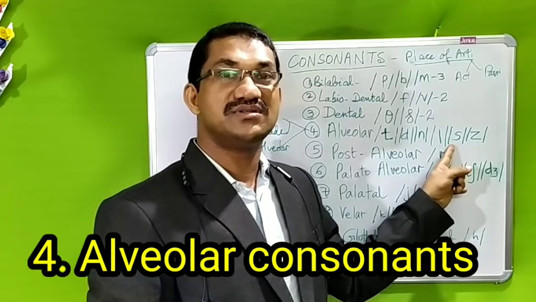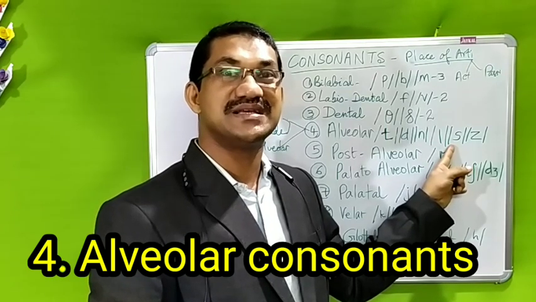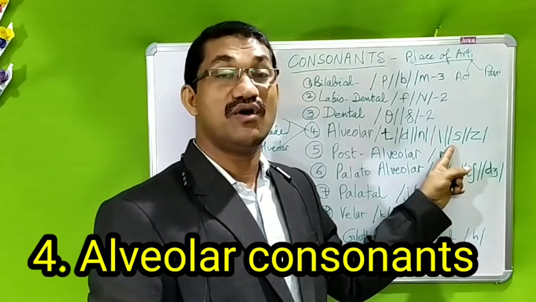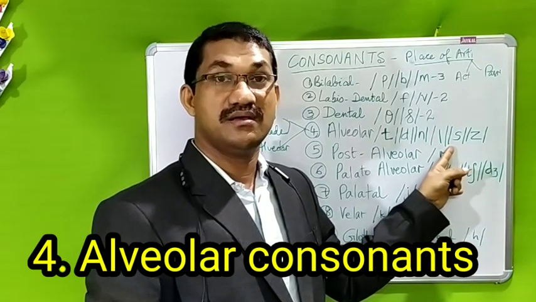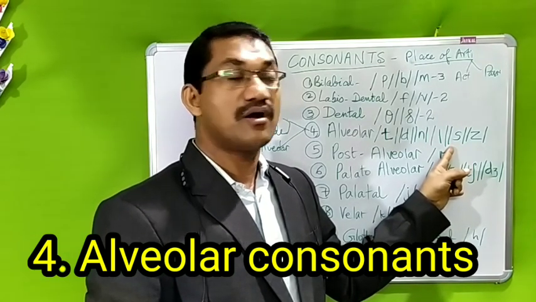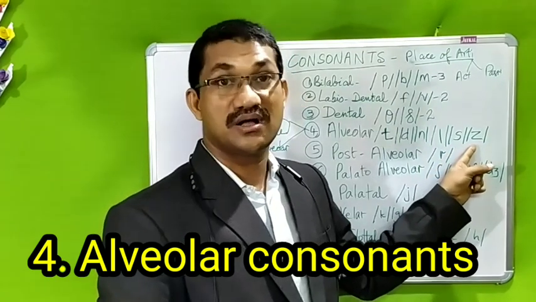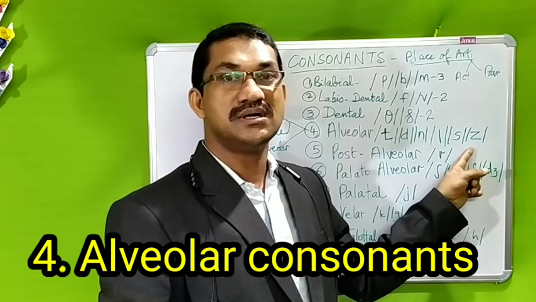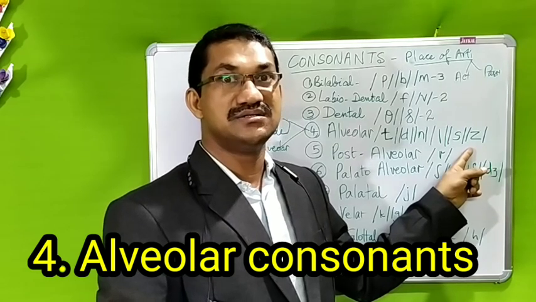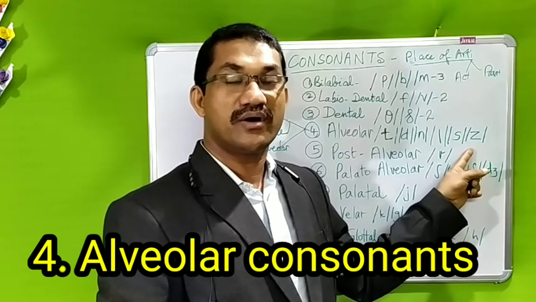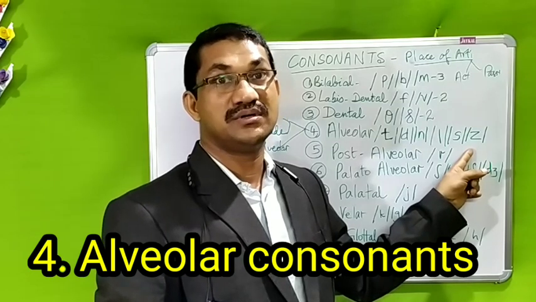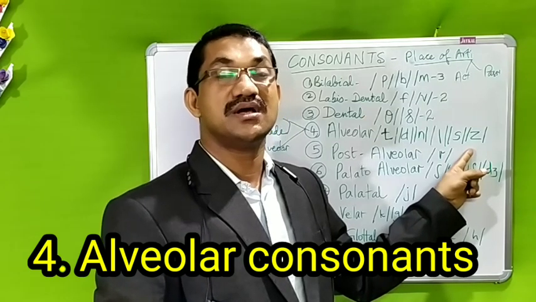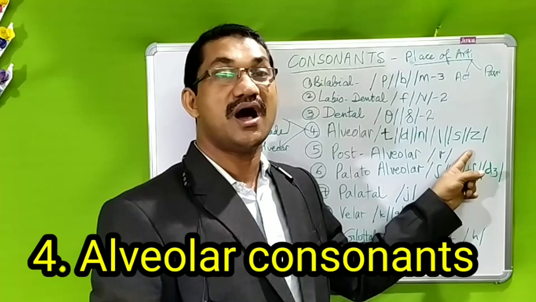The tip or the blade of the tongue is against the alveolar ridge, and we say sit, cinema. Now we have the sixth alveolar sound, that is z, as in zoo, zigzag, zoology.